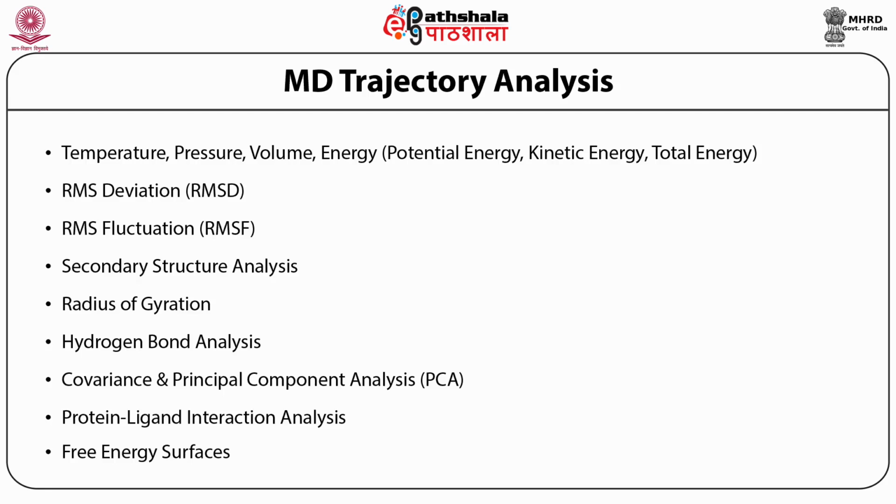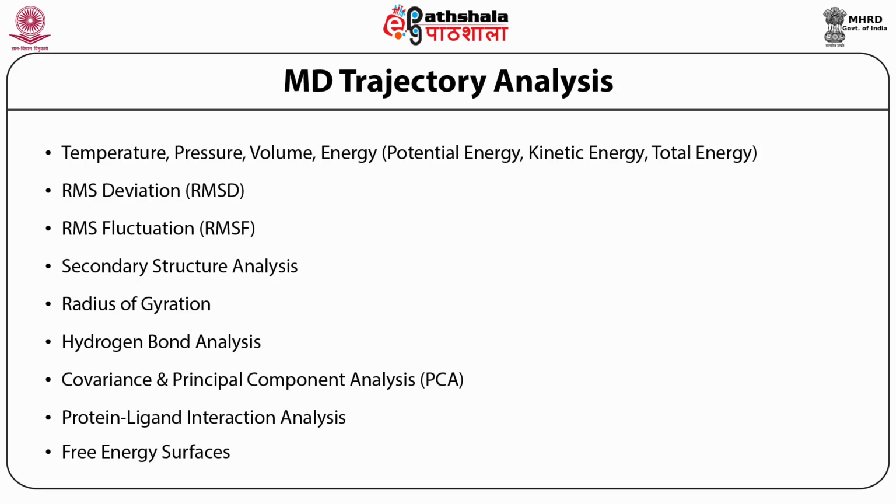Other important parameters are analyzed using coordinates of the molecule with respect to time, that is, the different conformations of the molecule saved during MD simulation. Root mean square deviation and root mean square fluctuation, radius of gyration, secondary structure pattern, hydrogen bond pattern can be analyzed in case of protein, and also protein-ligand interactions can be analyzed in case of protein-ligand complexes.